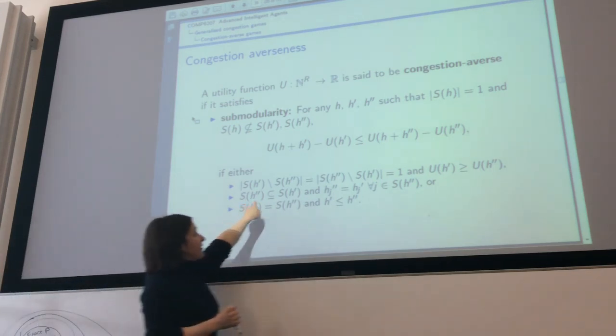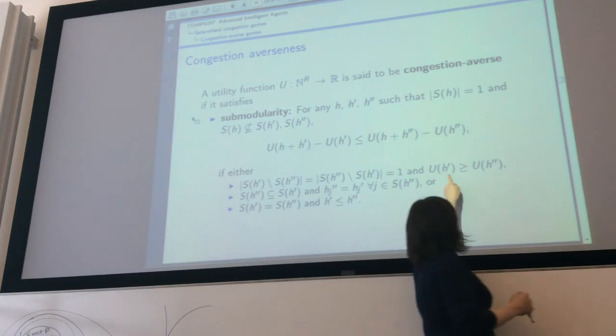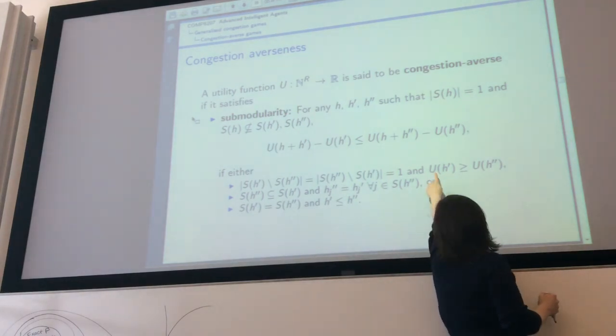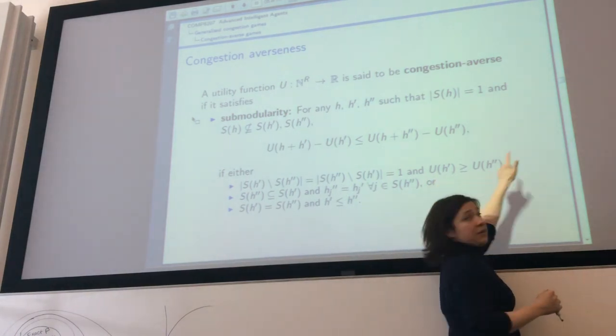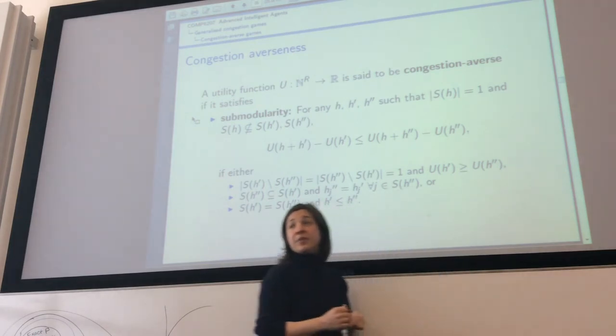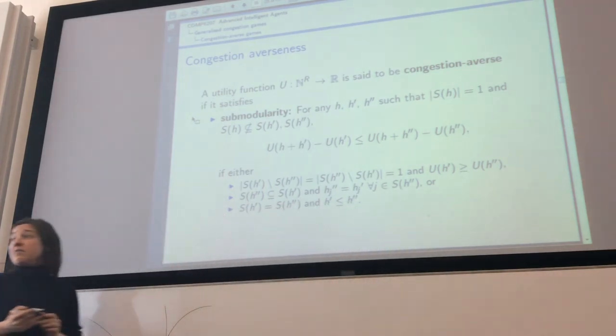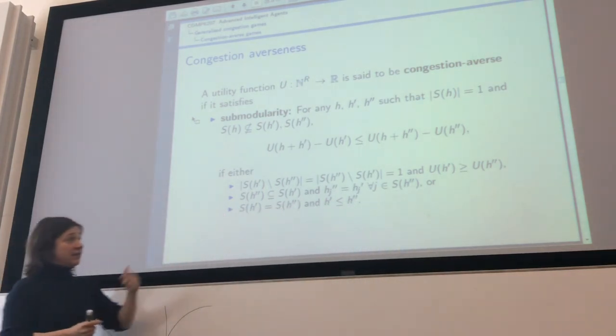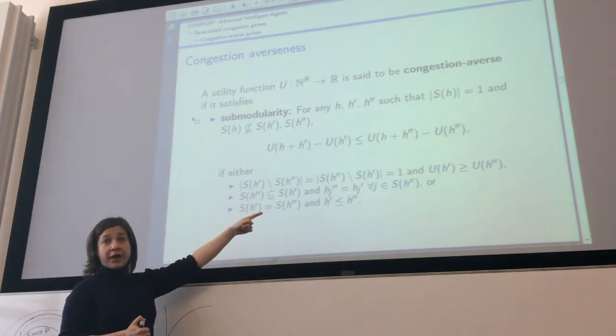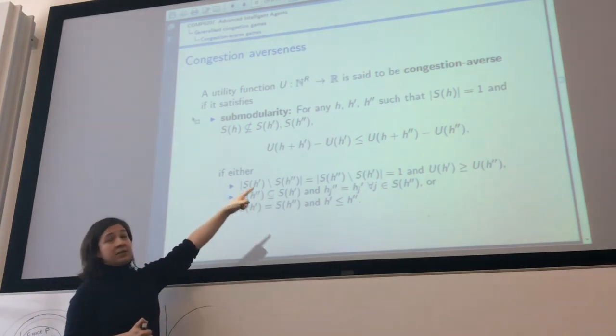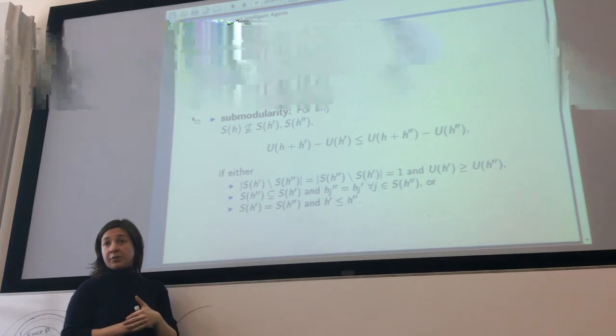Right? And if that switch was so that we prefer H prime to H double prime, then adding a resource to a better congestion vector, which is H prime, should be less than adding it to H double prime.